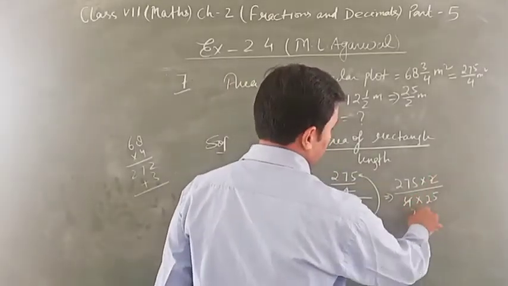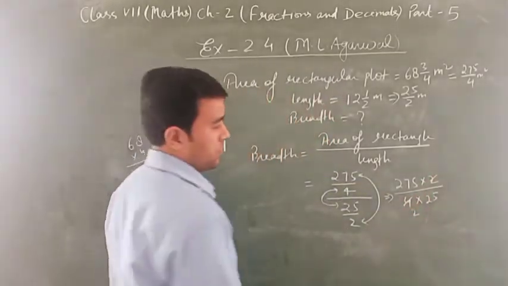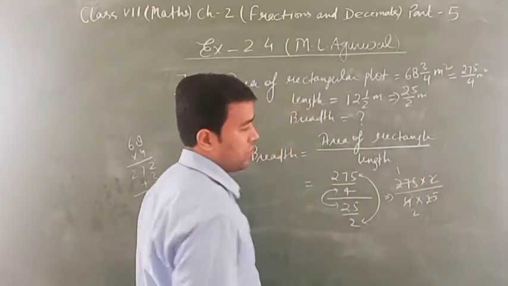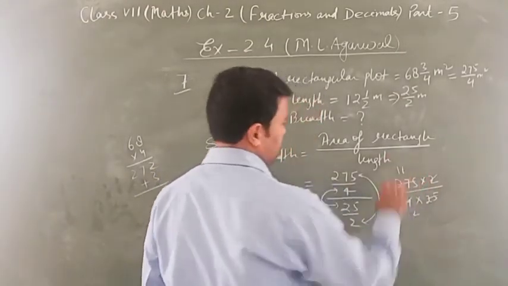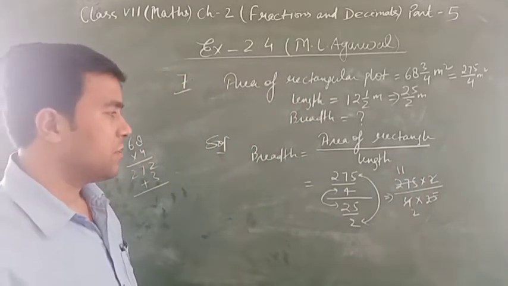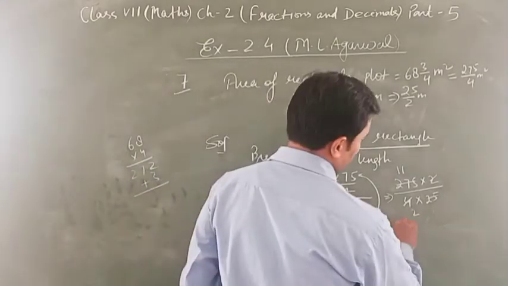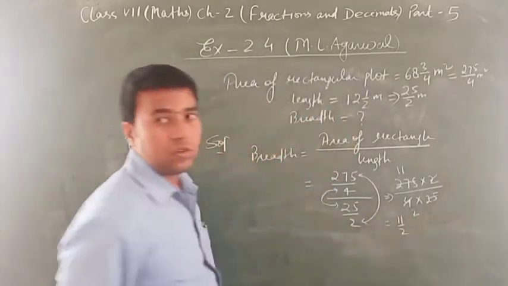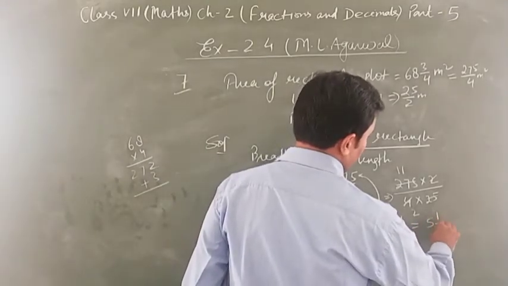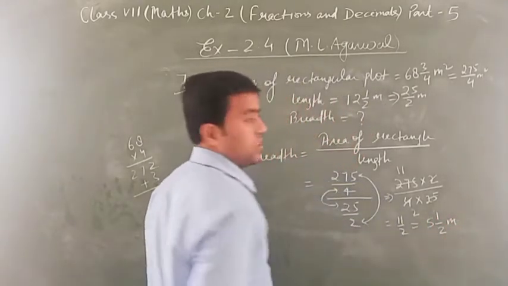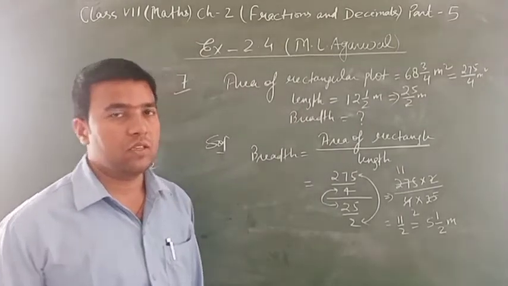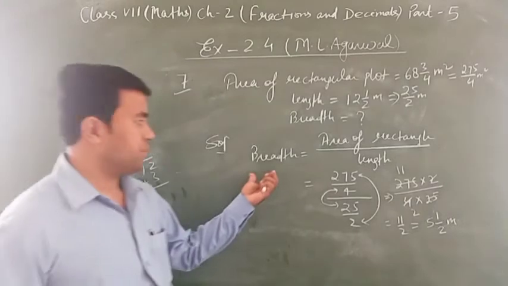2 to the 4, clear? 25 1s are 25, 25 11s are 275. Clear? Means 11 by 2, means 5 whole 1 by 2 meter. Means breadth equal to 5 whole 1 by 2. Very simple.